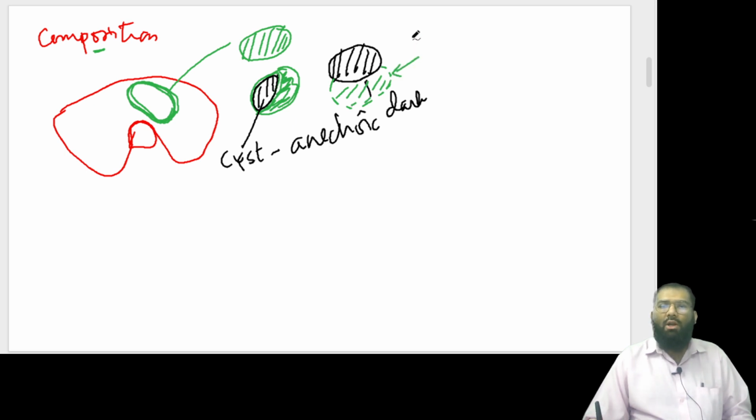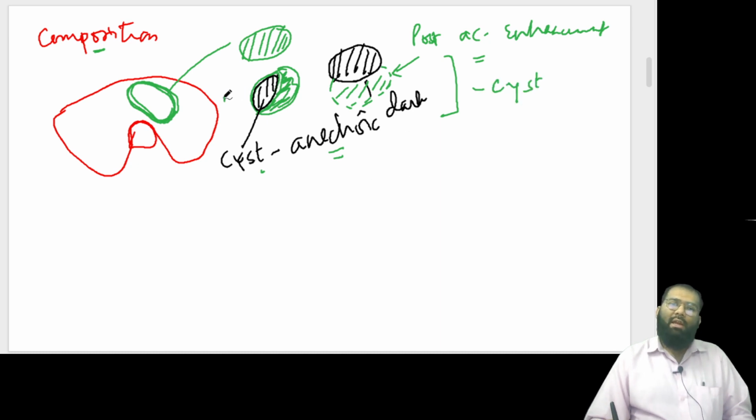This is called posterior acoustic enhancement. So whenever it's a cyst, you find that it is anechoic and you see posterior acoustic enhancement. Both of these will help you tell whether it's a cyst or not. Moreover, sometimes it can be combined solid cystic, with a predominant component sometimes cystic, sometimes solid.